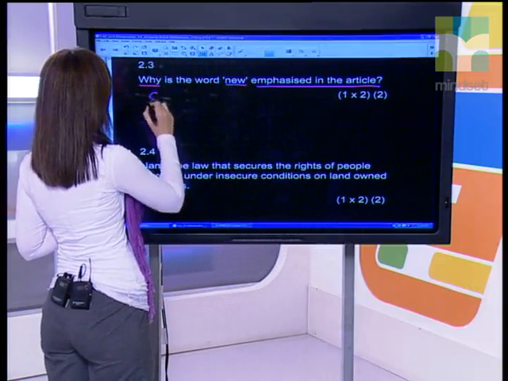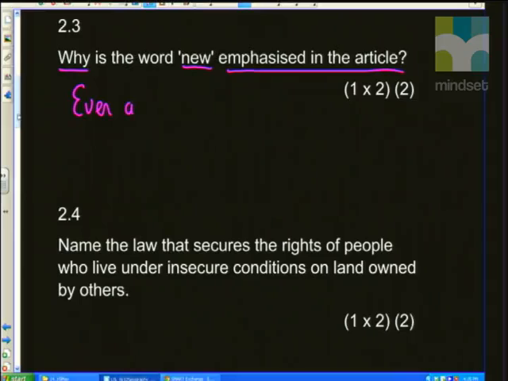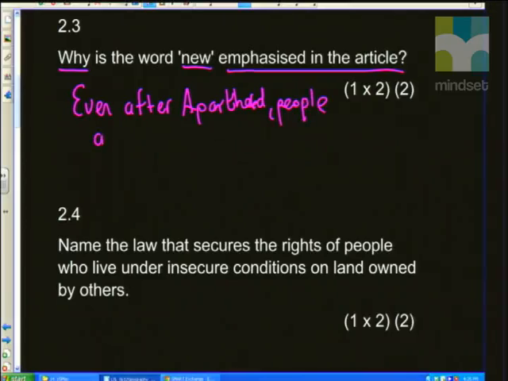So even after apartheid, people are still being denied access or denied the right to satisfy their needs.